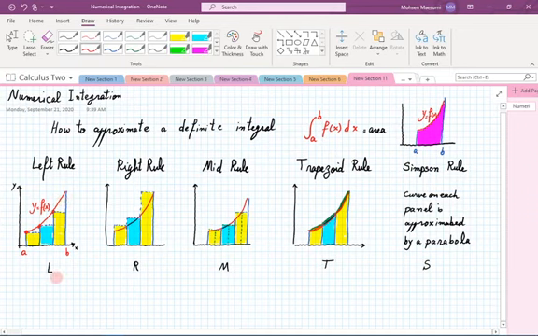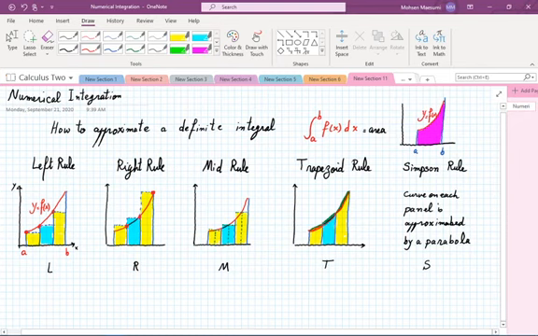So we might think about an alternate way. Instead of choosing the left point to make your rectangle, let's choose the right point. So when I slice up this area into these panels, I pick on this point, and this point, and then I build my rectangle out of the height of the function at these points.